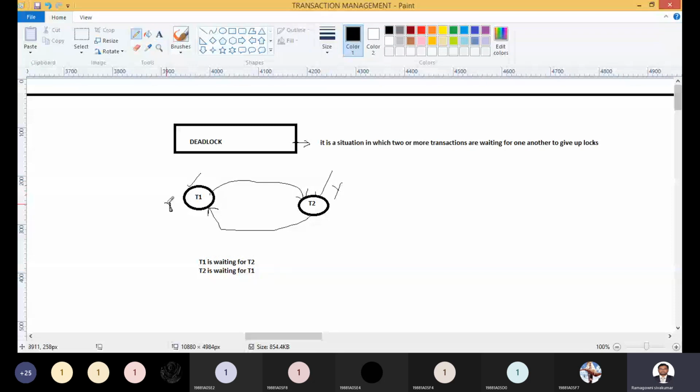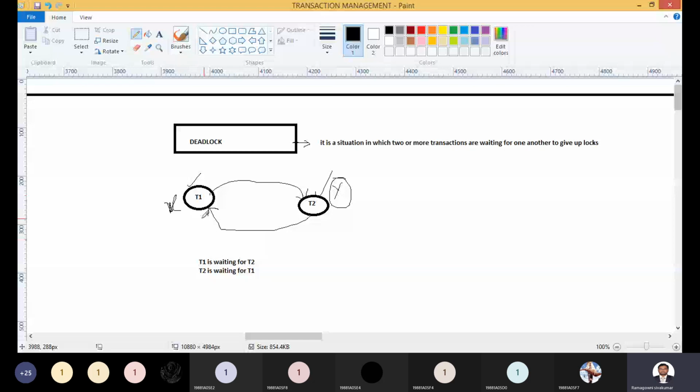T1 has the X data item, and T2 has the Y data item. To complete, T1 needs the Y data item and T2 needs the X data item. So T1 is waiting for Y and T2 is waiting for X.